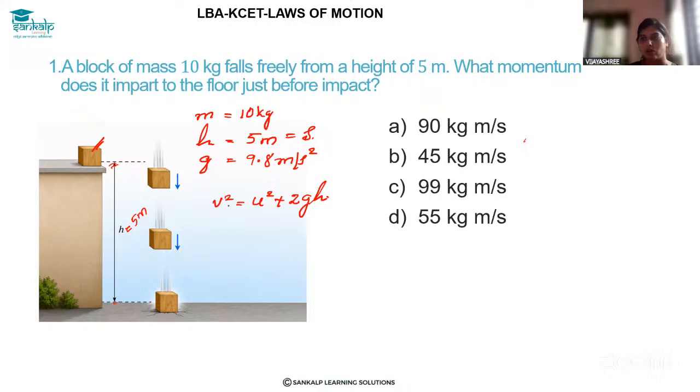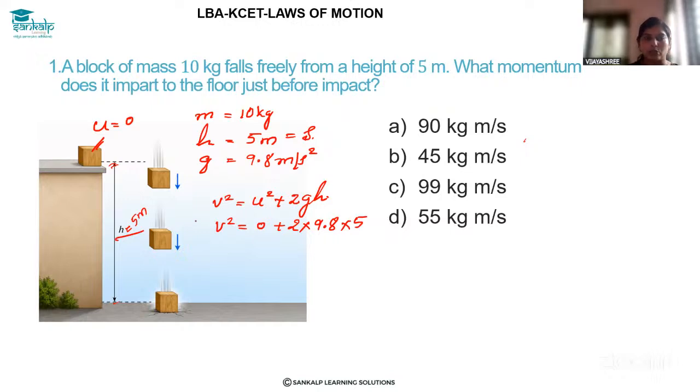Okay. So initial velocity we already know it is 0. So just before falling it was initially at rest. So U is equal to 0. Therefore, final velocity, just substitute the values. V square is equal to 0 square plus 2 into 9.8 into H, that is 5 meter, height is 5 meter.